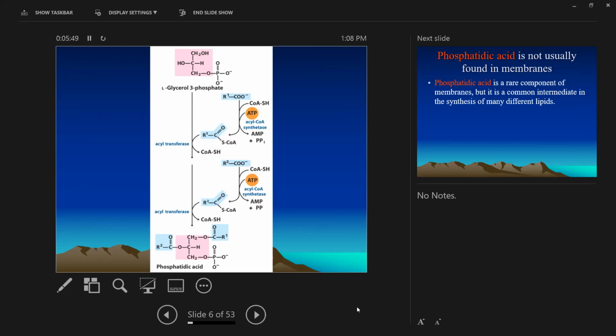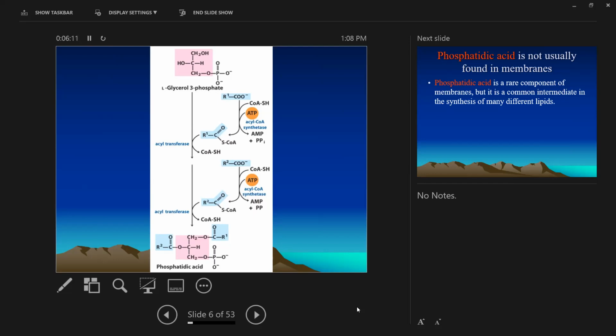All right. So from the glycerol 3-phosphate, you have enzymes called acyl transferases. These acyl transferases take the acyl coenzyme A and they will transfer it to the glycerol 3-phosphate.